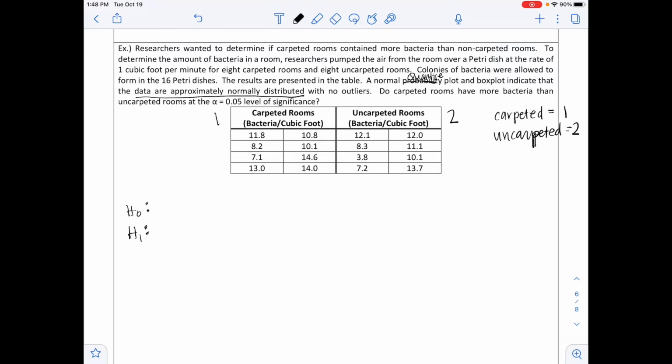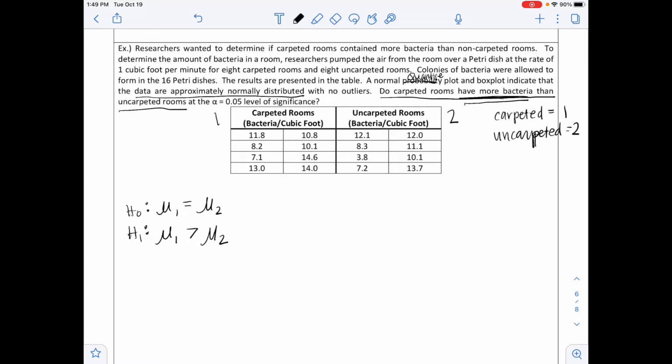And since it's talking about the mean amount of bacteria, or the average amount of bacteria, we're going to say that this is going to be mu sub 1 is equal to mu sub 2. And then it asked, do carpeted rooms have more bacteria than uncarpeted rooms? And again, more bacteria. And so since group 1 is carpeted, our alternative would be mu sub 1 is greater than mu sub 2.